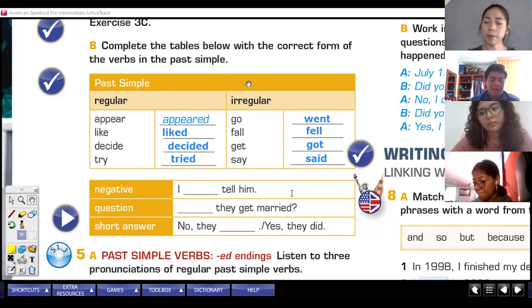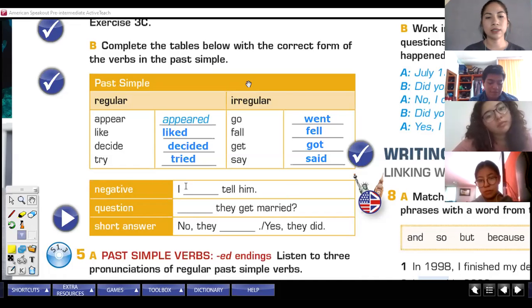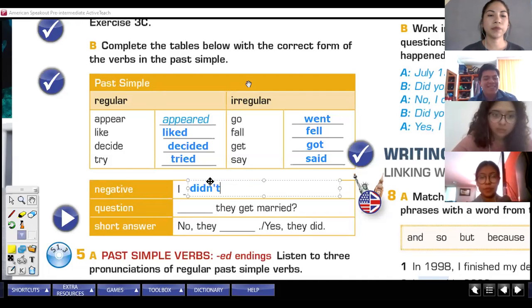Then, if you remember, in past we have auxiliaries. One auxiliary helps us to make negative and questions. What is the auxiliary for negative in past? Didn't. Very good. Didn't tell. And if you want to formulate a question, we use?